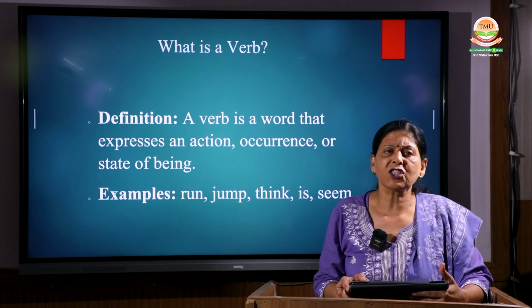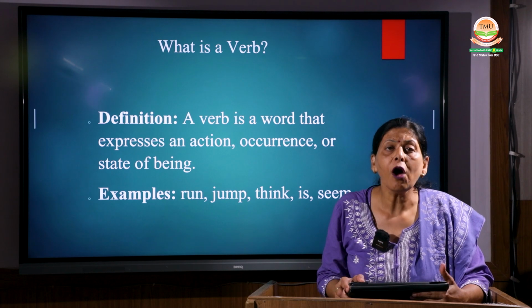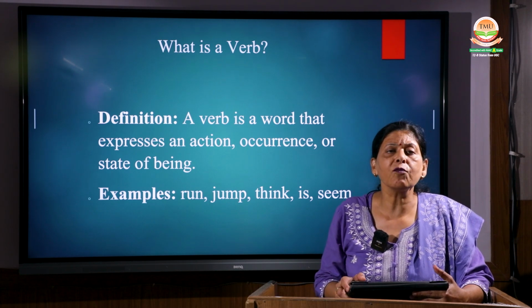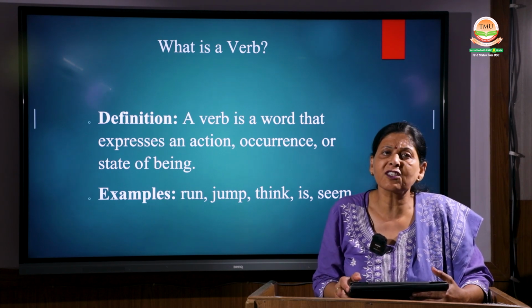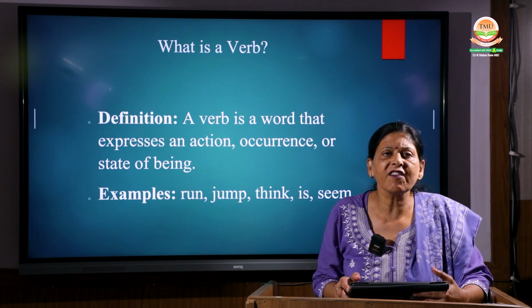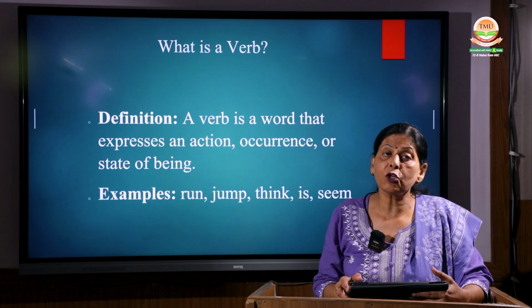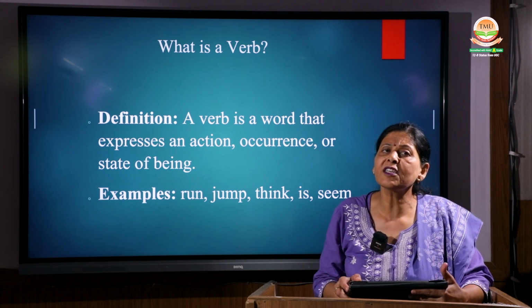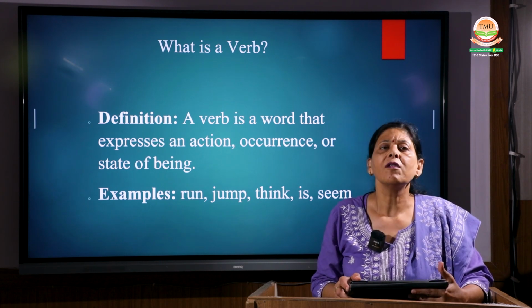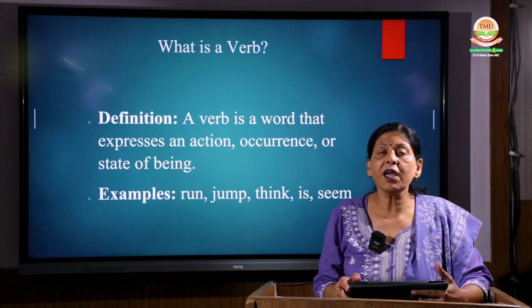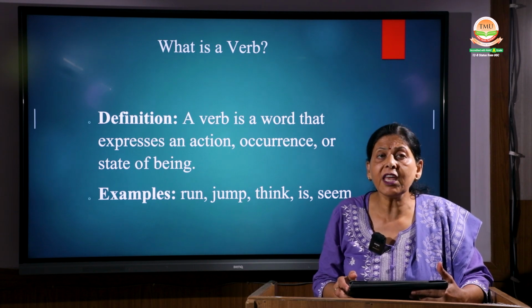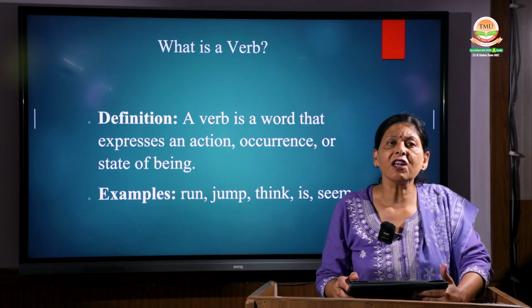Verbs are action words. The words that show action, whatever the action is being done, whether it's eating, running, swimming, or sleeping, whatever kind of action is reflected through action words, and those action words are called verbs. These verbs have a very important position in the English language.